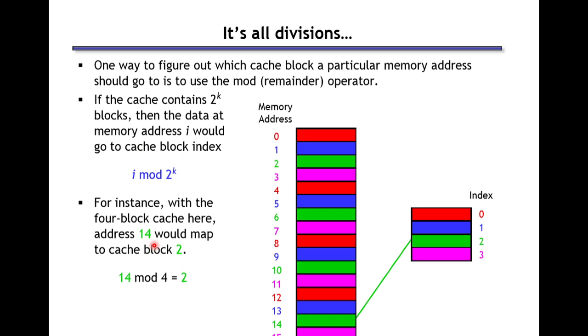For example, if you take 14 and we have 4 blocks, 14 mod 4 is 2, so it is mapped to cache block 2.